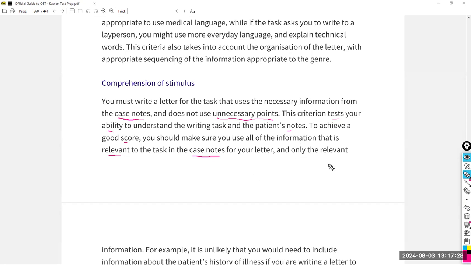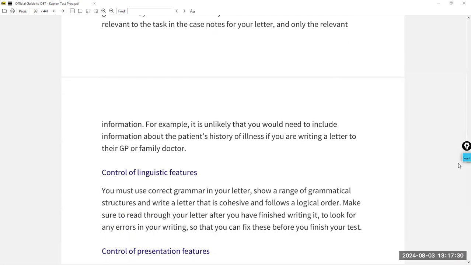And only the relevant information, please, because I only have to write from 180 to 200 words. For example, it is unlikely that you would need to include information about the patient's history of illness if you are writing a letter to the general doctor, a GP, or a family doctor.